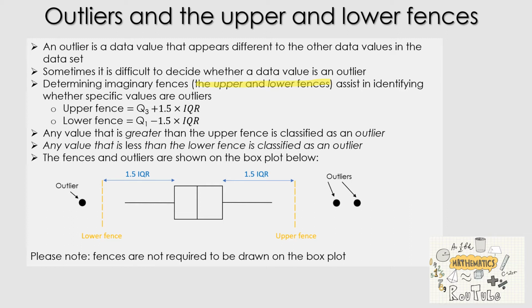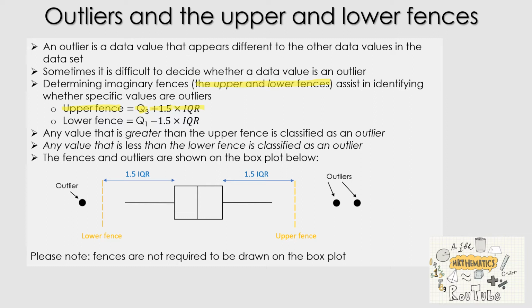To calculate the upper fence, we need to find the value of Q3, our upper quartile, and add 1.5 times the interquartile range. If you're not sure about the interquartile range, I have created a video on finding it. It's important your CAS calculator can give you all of these values.